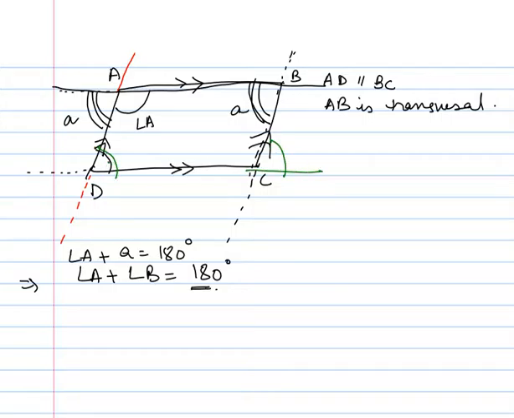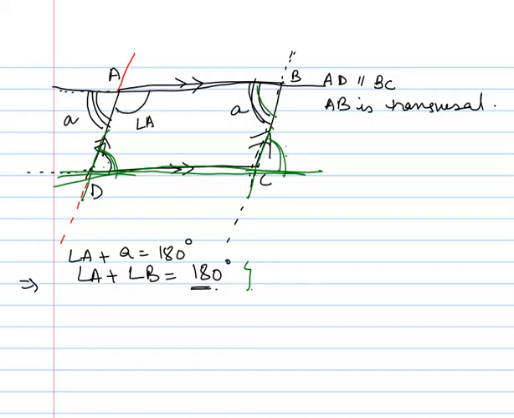Why? Because this is a parallel line, whereas DC is simply behaving as a transversal line. Therefore this angle and this angle are corresponding angles. Similarly, for these two angles, you simply consider that two lines are parallel and one is an intersecting line. So with the help of corresponding angles, we can prove that this is 180 degrees.